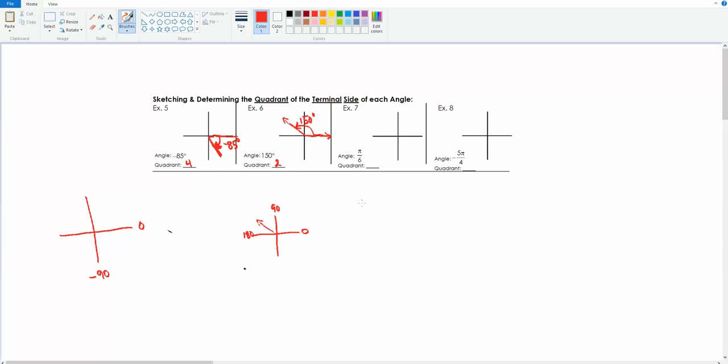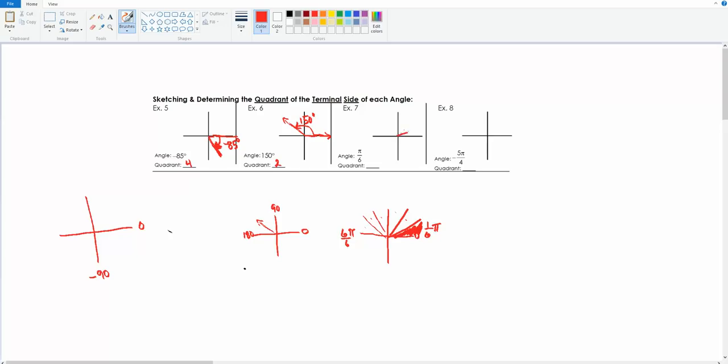All right, pi over 6. Here's the fun part. We know this is 0, and we know this is pi. And I always find this easier. I want to turn this into 6, so this is 6 over 6. So I've got to turn this into 6 parts. So this is 1, 2, 3, 4, 5, 6. So 1/6 would be this one right here.